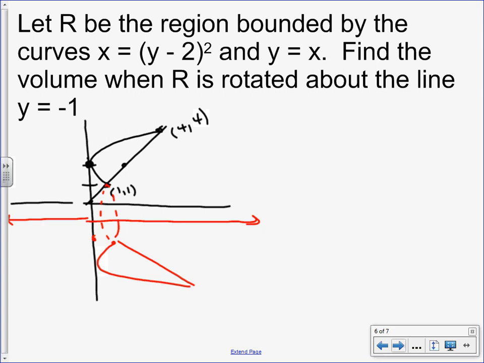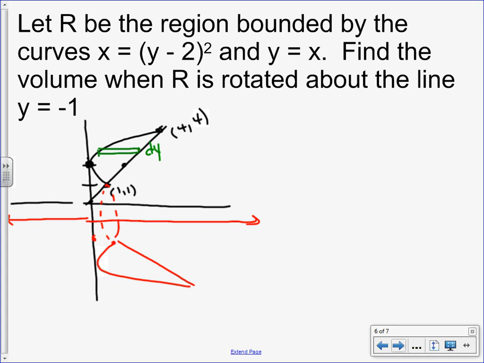Horizontal. It's a good thing we're drawing horizontal rectangles, isn't it? What would happen if our rectangles were vertical? We'd have to have 2 different integrals because our top and bottom functions change, right? So it's a good thing we have the shell method today, isn't it? Okay, so these have thickness dy, right?